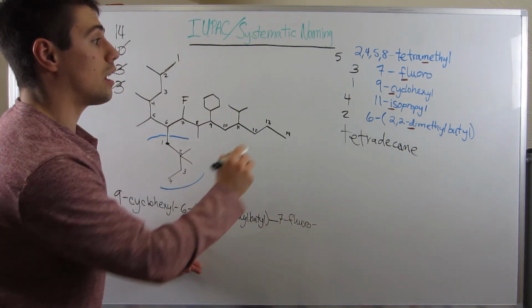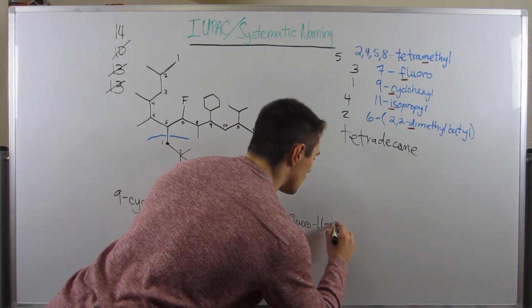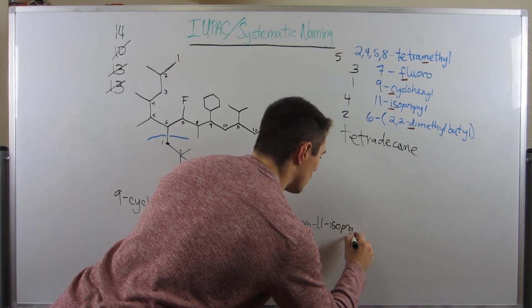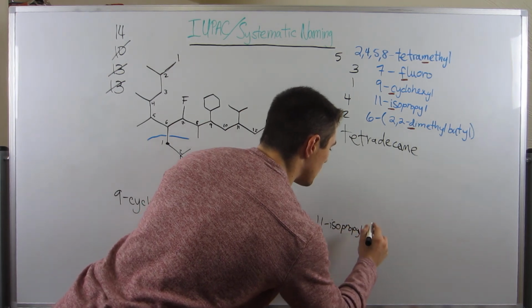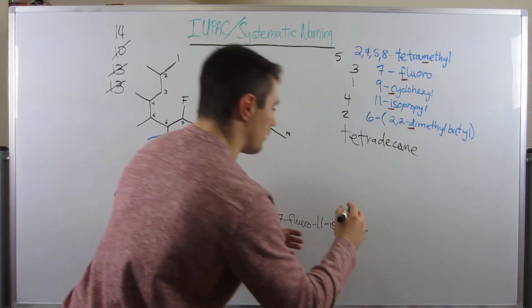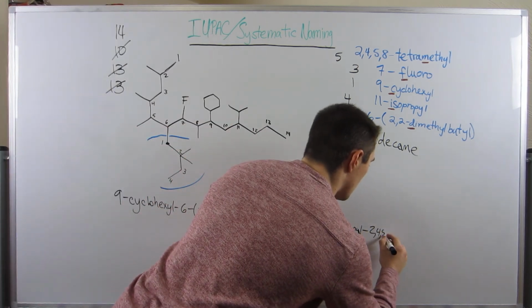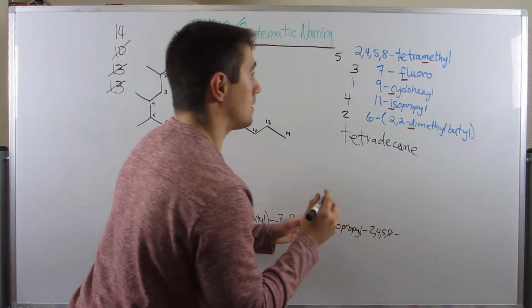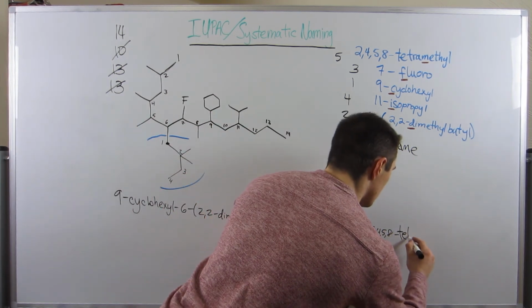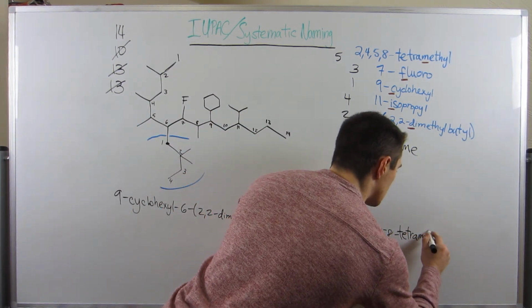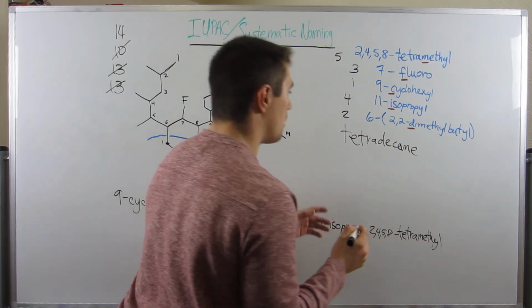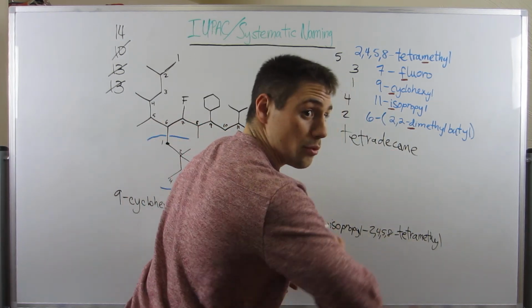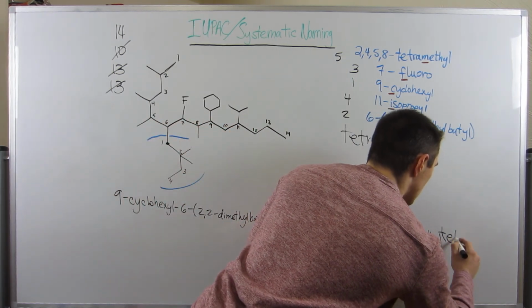Then 11 isopropyl. And then last branch, we're going to go with 2458 tetramethyl. I'll try and squeeze in enough space. Then we go with the tetradecane, and remember, run it all together. Tetradecane.